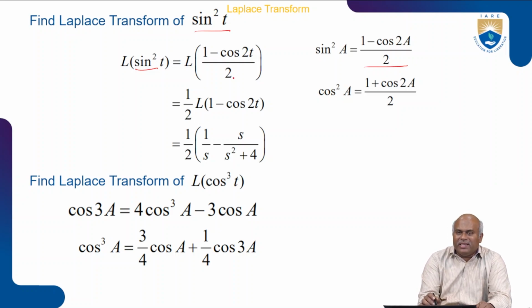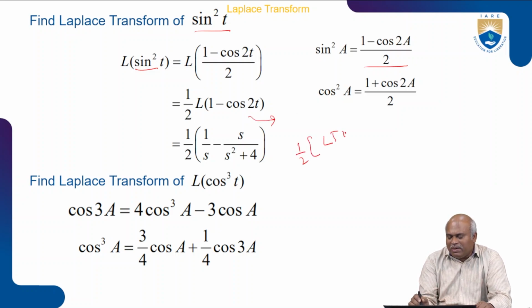That 2 is a constant, so we take it out: 1 by 2 Laplace transform of 1 minus cos 2t. This term I should write as 1 by 2 [Laplace transform of 1 minus Laplace transform of cos 2t].